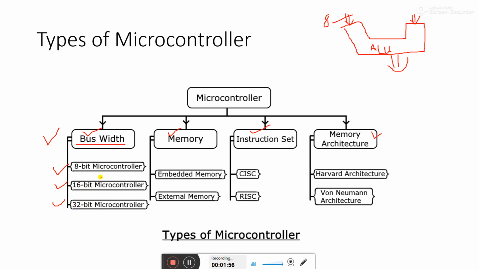So the larger the size of the data bus, the larger the amount of data we can handle in the ALU.